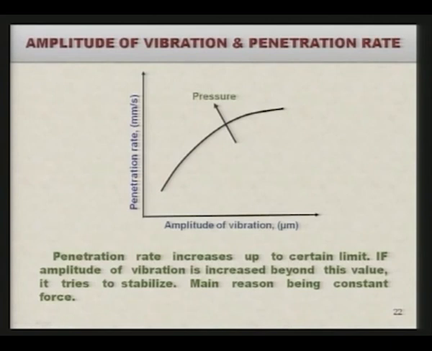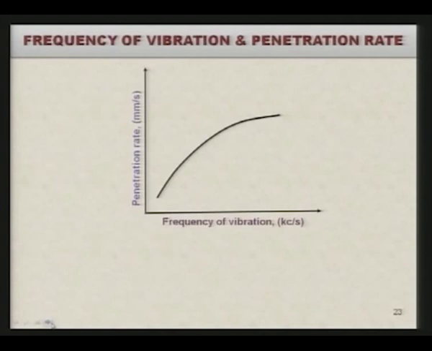So, penetration rate increases up to a certain limit. If amplitude of vibration is increased beyond this value, it tries to stabilize, as you can see beyond this point. Main region being constant force, force remains the same. So, it tries to stabilize beyond a certain value of amplitude of vibration.